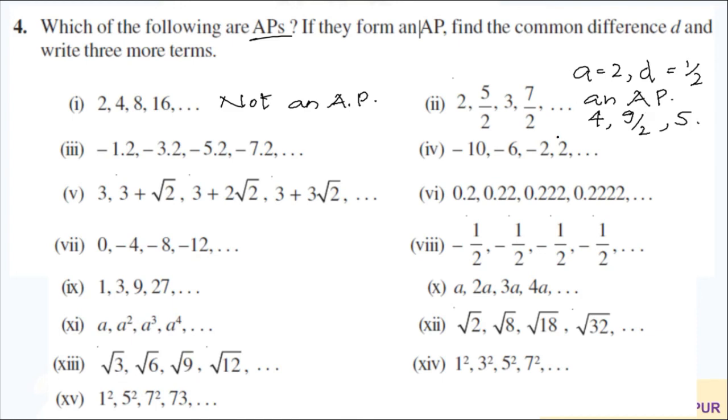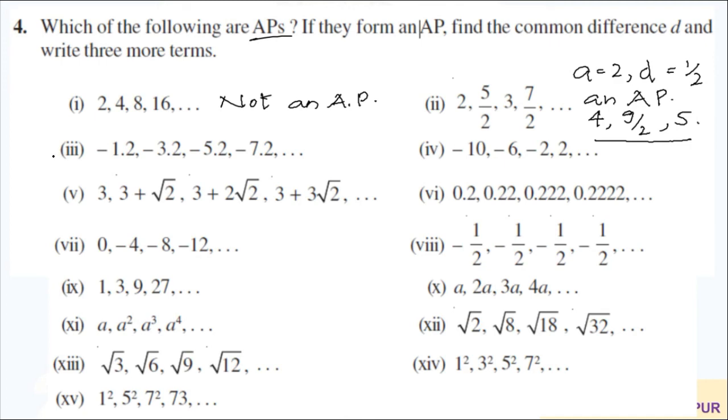So it is easy to find the first term, common difference, and the next three terms. These are the next three terms. I will just tell you the rest, you can cross check it.